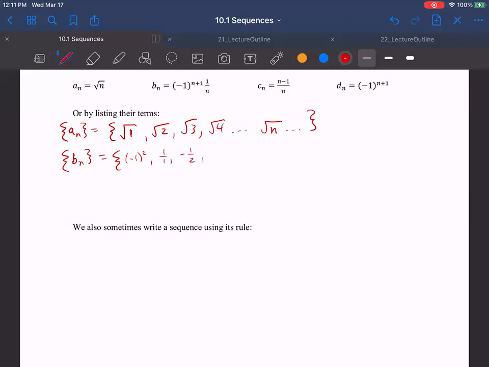So this would be 1/3, and just alternate our signs back and forth, right? Oh, I put a comma here. I meant to put a times. Sorry. 1/3.